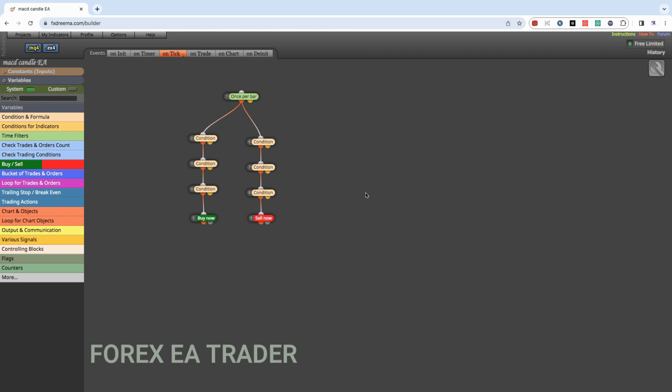If, let's say, the robot has opened a trade and it gets stopped out because the market moves against it, then obviously maybe you want to take the opposite direction. So basically you are trying to minimize your losses.